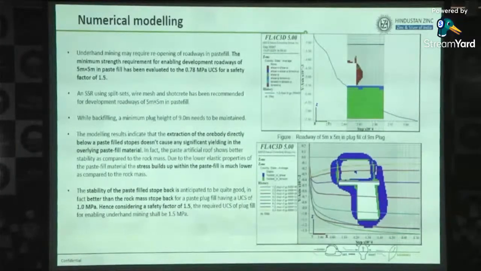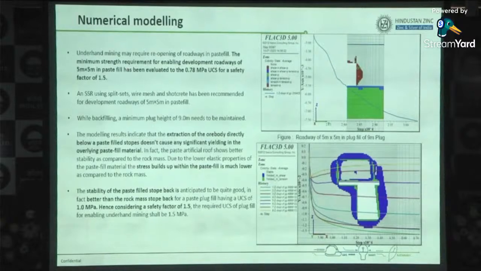Now with the help of John Lewis sir, back engineering and also in-house modeling, we studied how much strength we require to go inside for development. Sir is asking how we are doing development inside the paste fill. Before going for development inside the paste fill, we require a certain strength.